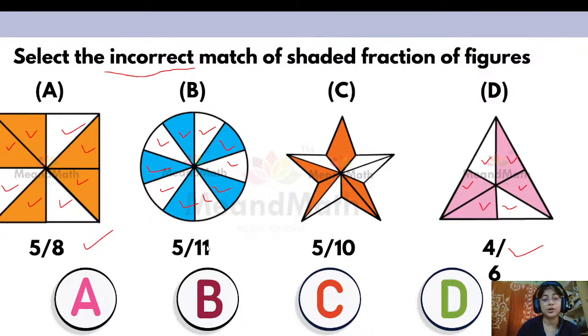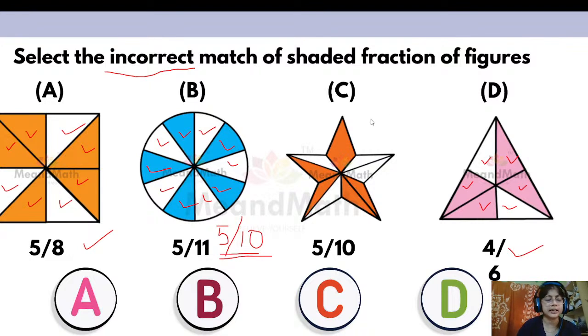Okay, so the denominator should have been 10 over here, right? And how many parts are colored? 1, 2, 3, 4, 5. So half of it is colored. So 5 out of 10, or this could have been also written as half, like we saw. So 5 out of 10 should have been the correct fraction for this, right?